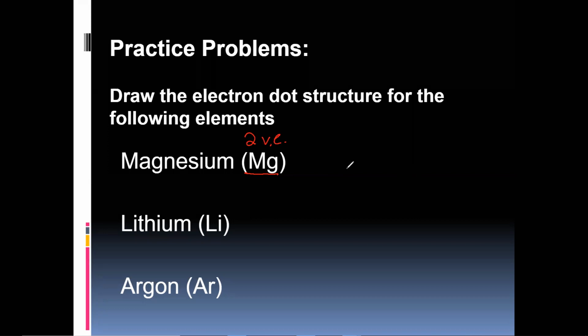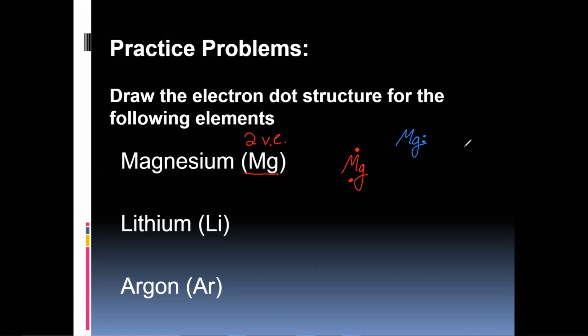So if you're just going to draw the electron dot structure, you write the chemical symbol and you draw 2 dots around it. Okay? Now, the 2 dots may not be close to one another. So you may not draw magnesium like this. The reason for that is because electrons tend to be as far apart from each other as possible before they pair up.